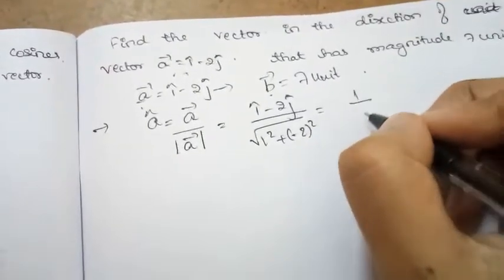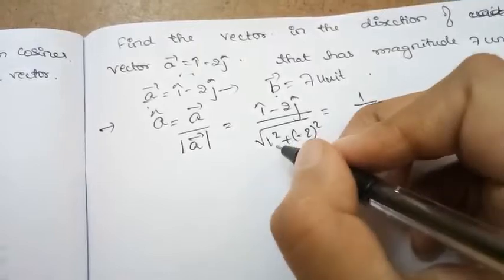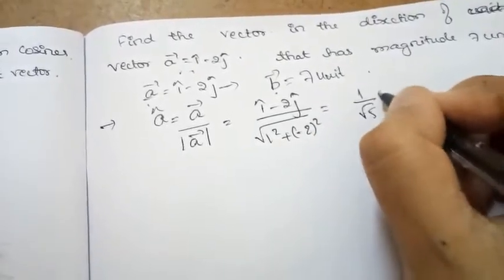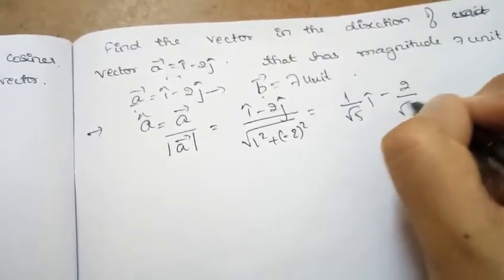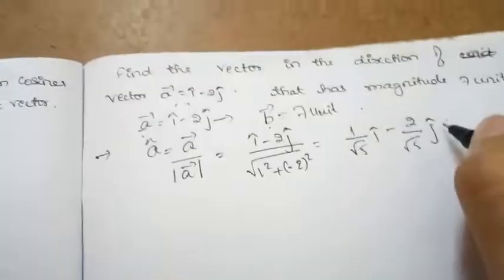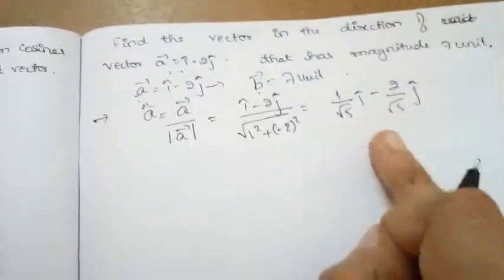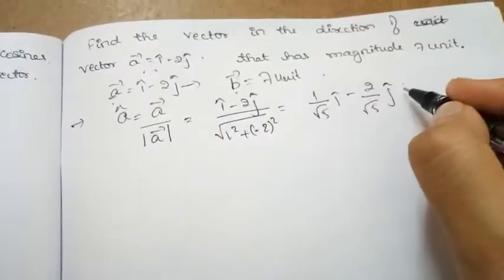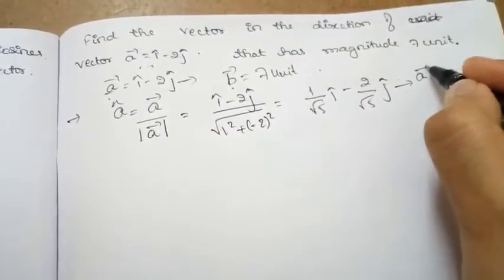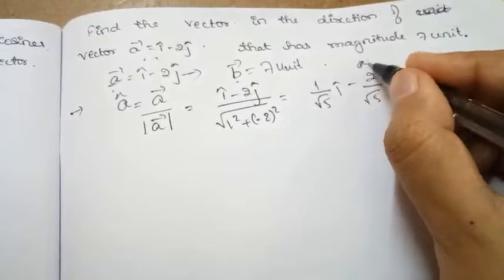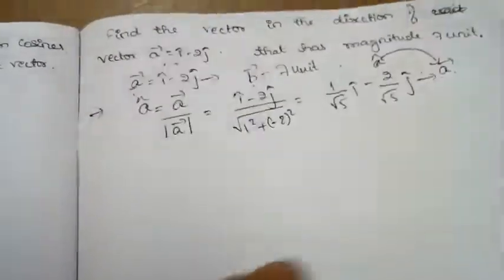That is 4 plus 1, 5, so 1 by root 5 i cap minus 2 by root 5 j cap. So this is our unit vector A cap of the vector A.